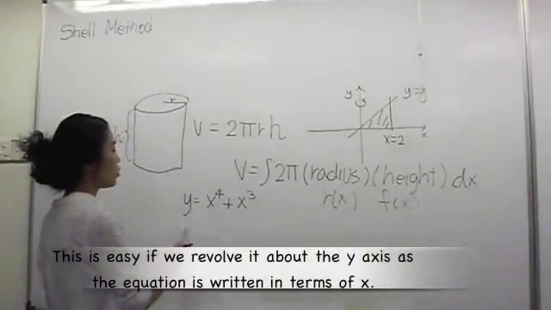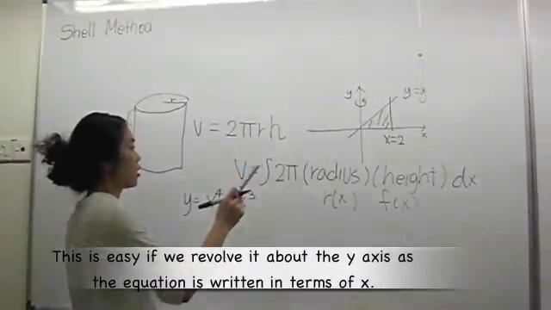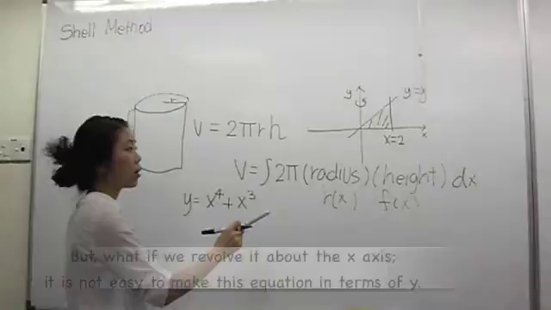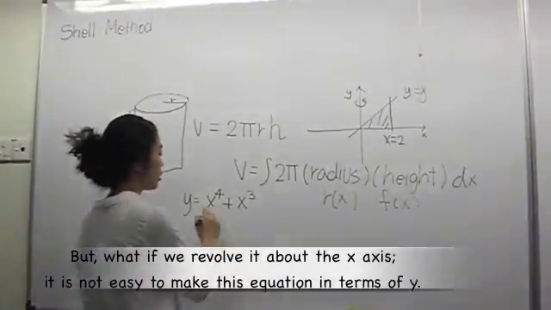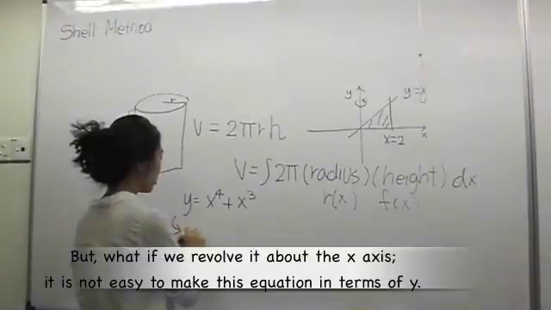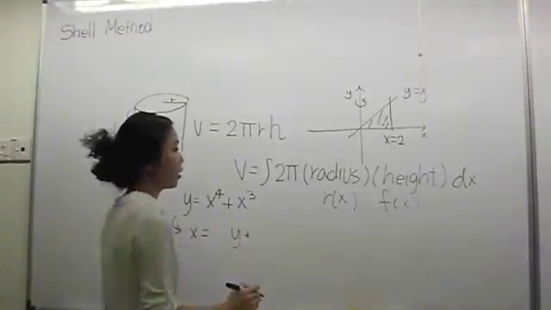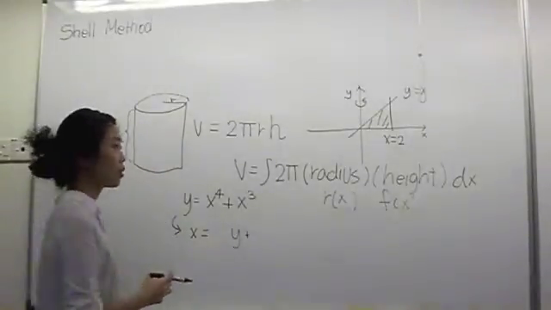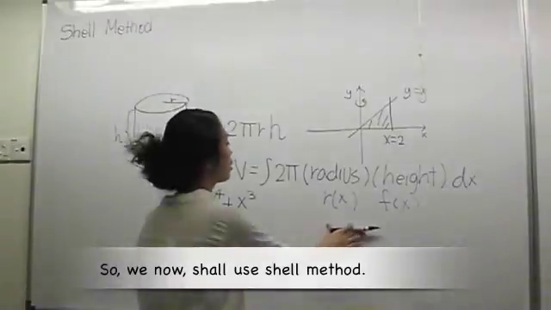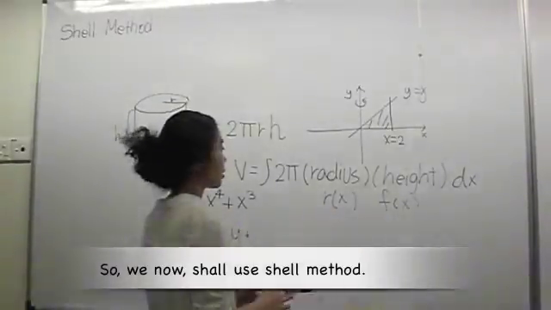This is easy when you revolve about the y-axis, as it is in terms of x. How about when we revolve it about the x-axis? You have to change this form in terms of y. It will not be easy, and we have to do a lot of work for it. Instead, you can put this into the shell method.